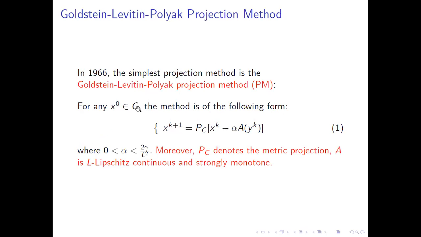Starting with any x0, we iterate for the next iteration by using the projection of this quantity, where alpha is a step size which depends upon the Lipschitz constant and the strongly pseudo-monotone constant, and P_C denotes the projection.